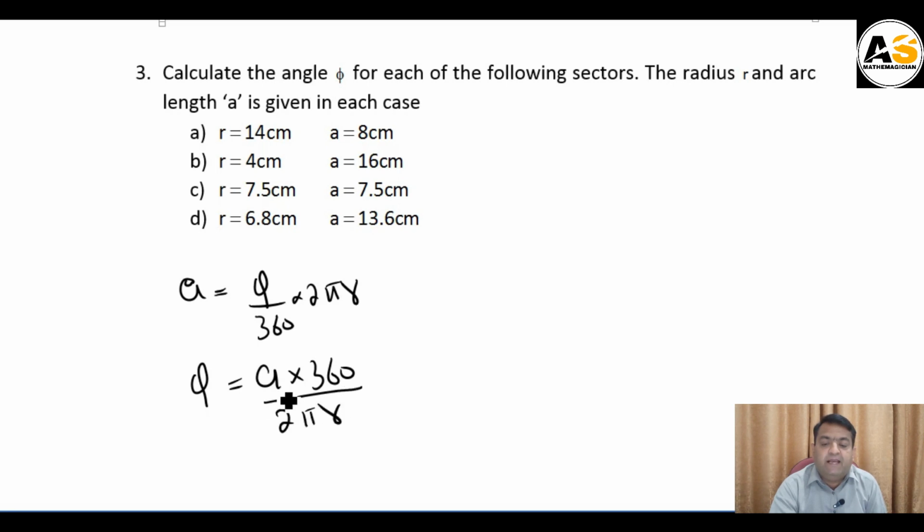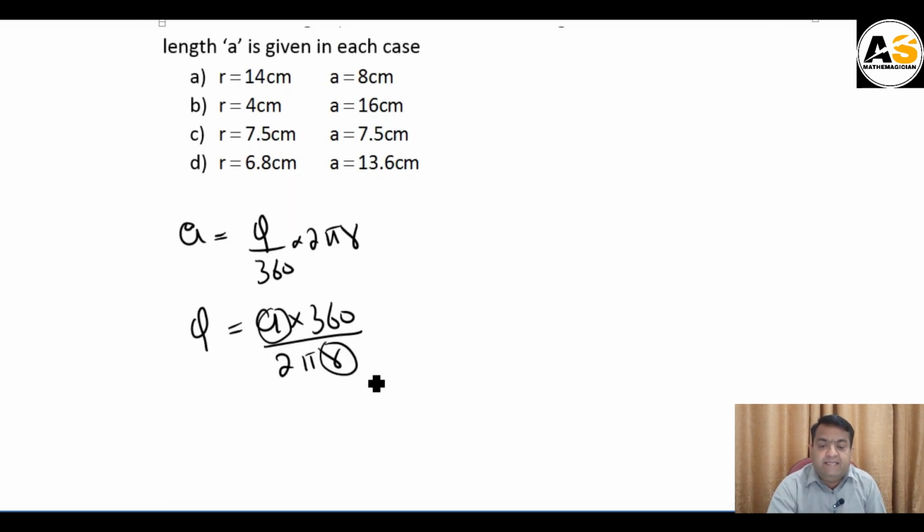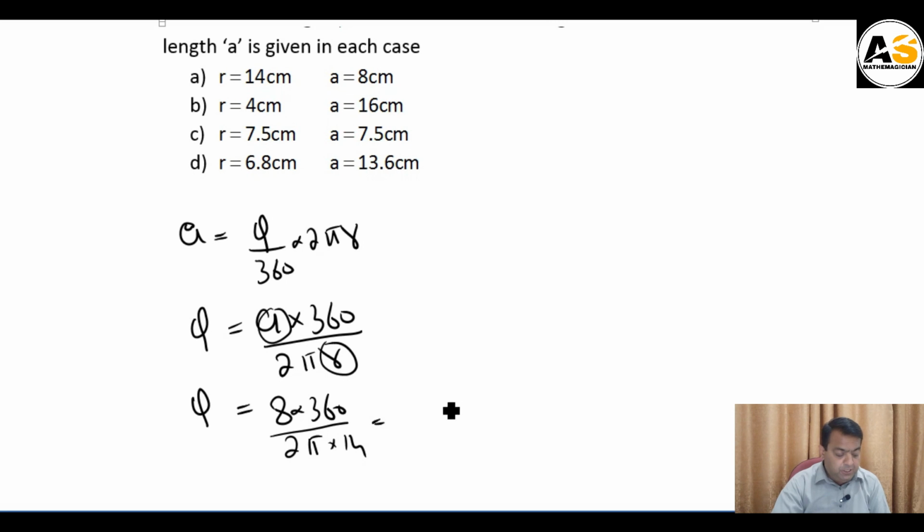We are given A and r, and we have to find the central angle phi. So it's very easy. In the first part, A is 8, so 8 multiplied by 360 over 2 pi, and r is 14. Upon simplification, you will get 37.74 degrees.